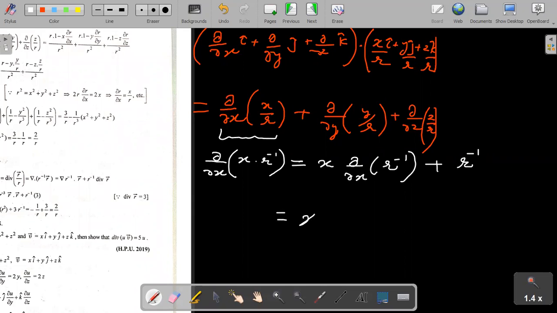Now this will be what? So x. I think I will do this here only. So what will the derivative of r inverse be? It will be minus 1, and the power becomes minus 2. First the chain rule applies, so minus 1 r to the power minus 2, and then the derivative of r with respect to x, right?